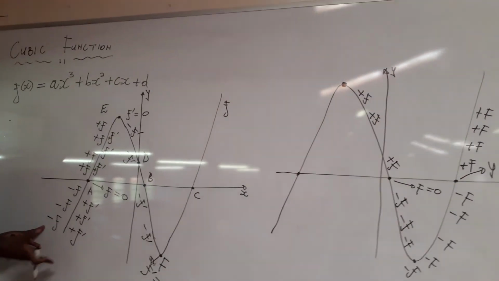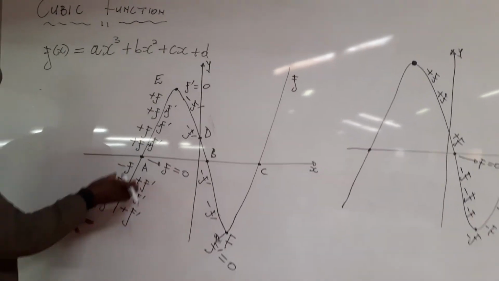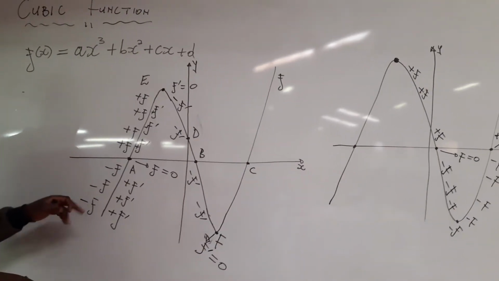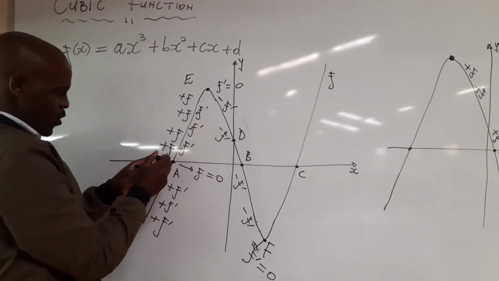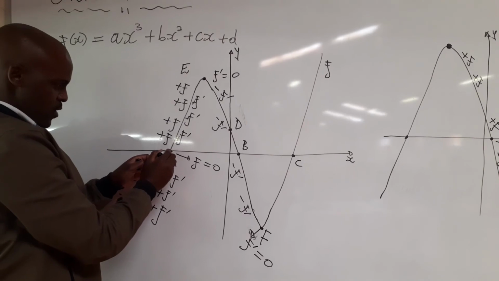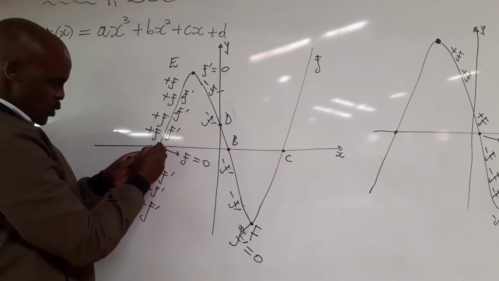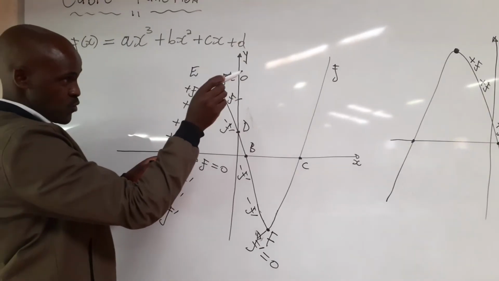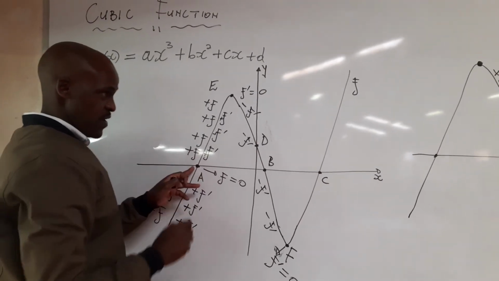So it's simple. If you know this sketch, negative times positive is negative, which means this is out. But here, the gradient is positive, also y is positive, just above this point.